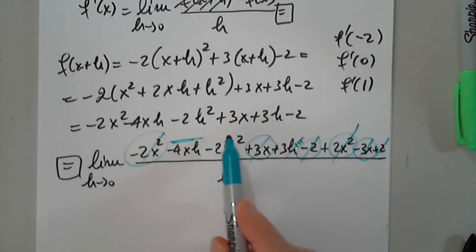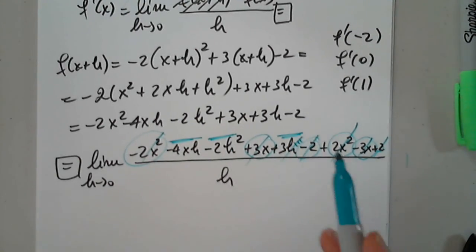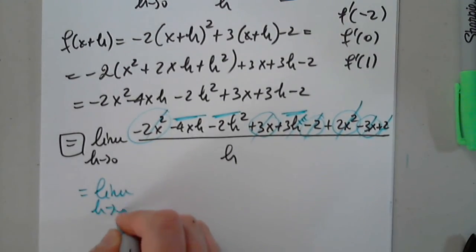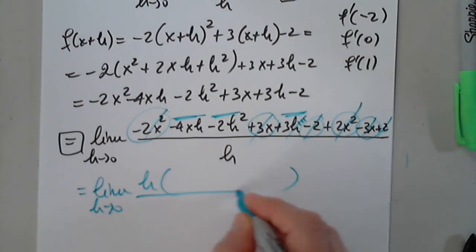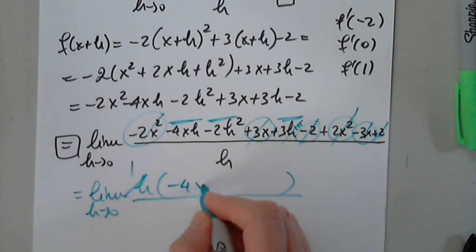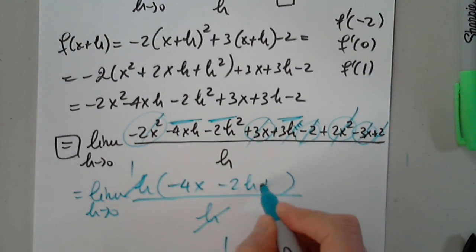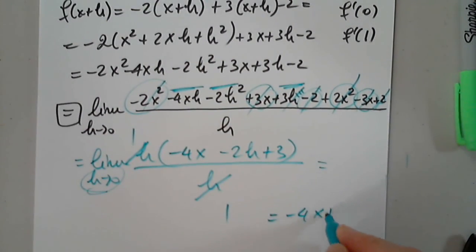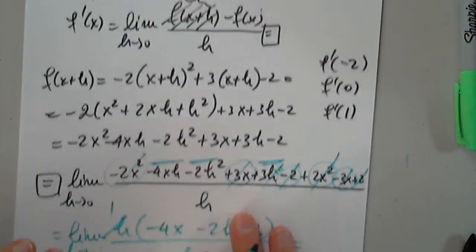So I have this, and I have this. They all have h in common. So I have to factor, because that's how the h goes away. So I have negative 4x minus 2h plus 3. And when h approaches 0, I have negative 4x plus 3, which we knew from the very beginning.